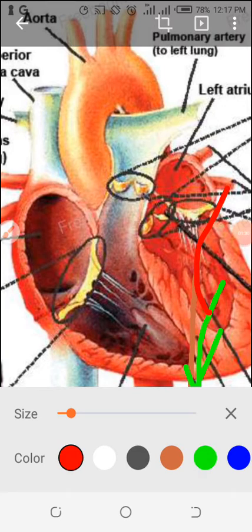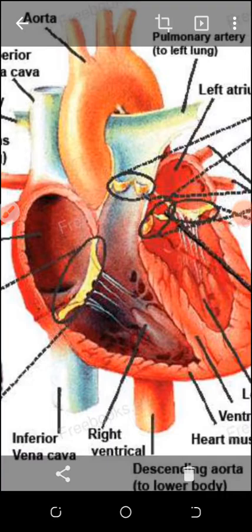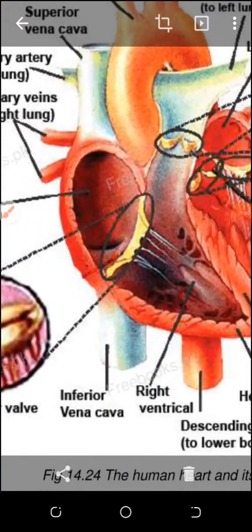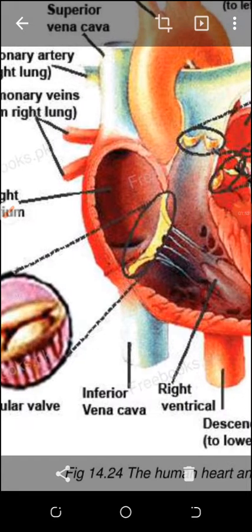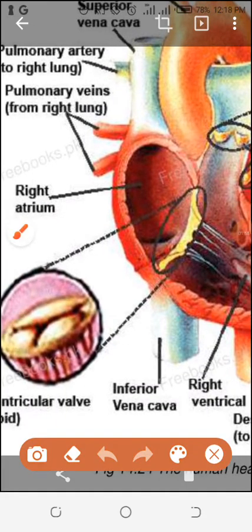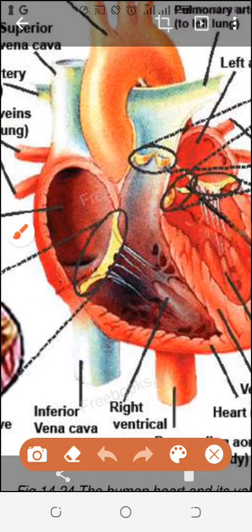Now I would like to tell you about other parts, especially the valves. First of all, I would like to magnify this diagram. There are two important valves in the heart: one is the bicuspid valve and the other is the tricuspid valve.